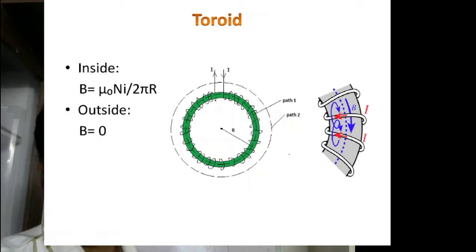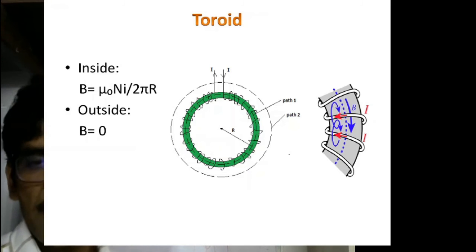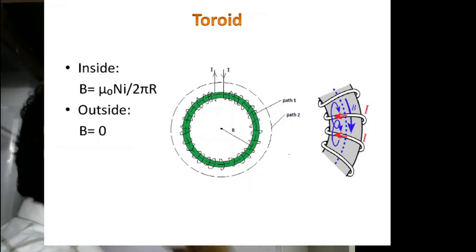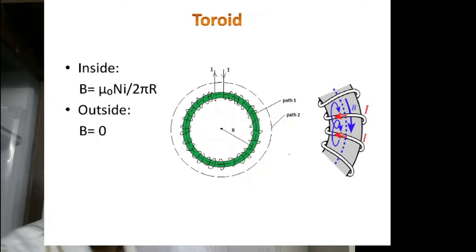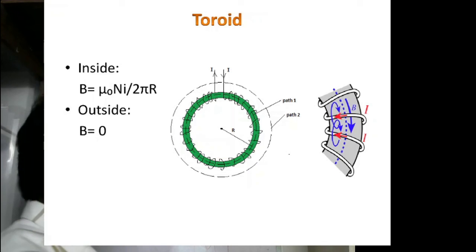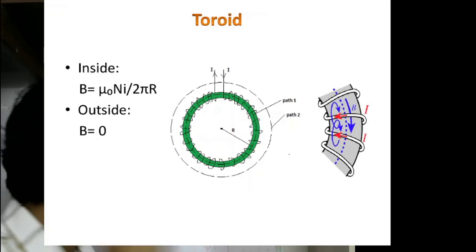In the cross-sectional view, wherever you take any turn, based on the direction of the current, you use the right hand rule.